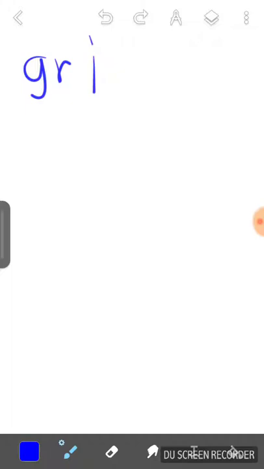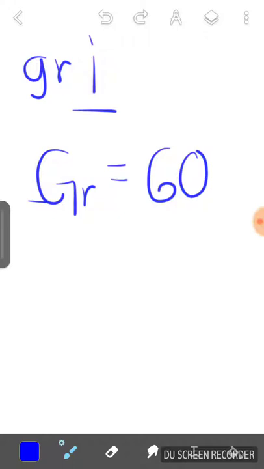That is 1 grain. I'm going to underline it. That's 1 grain. So 1 grain is equal to exactly 60 milligrams.